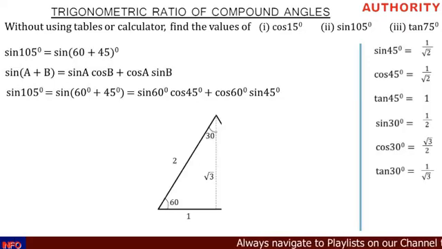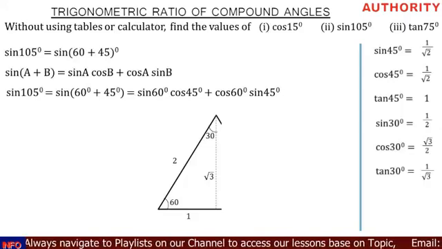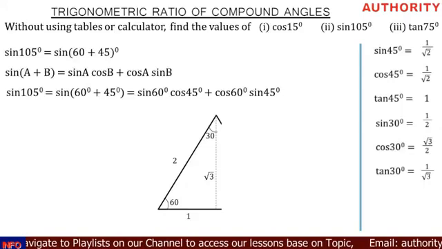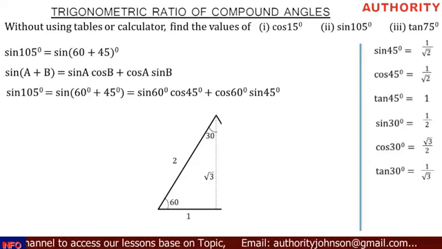Now let's go. In this diagram, what can we say the value of sine 60 degrees is? When you look closely, sine is equal to opposite all over hypotenuse. In this shape, our opposite is √3 and our hypotenuse is 2.